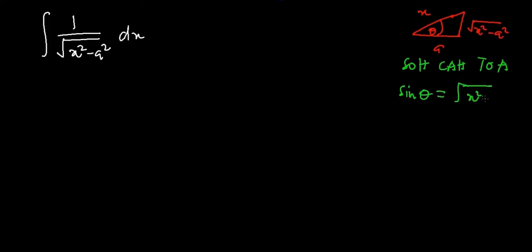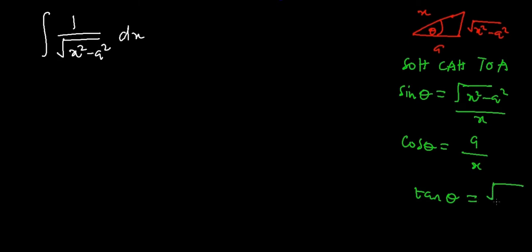So that is the square root of x squared minus a squared over the hypotenuse, so that's over x, and then cosine of theta, adjacent over hypotenuse, and then let me write this one, and then tangent of theta, opposite over adjacent. Sorry, opposite over adjacent. The adjacent is a rather. Okay, so this is what you have now.